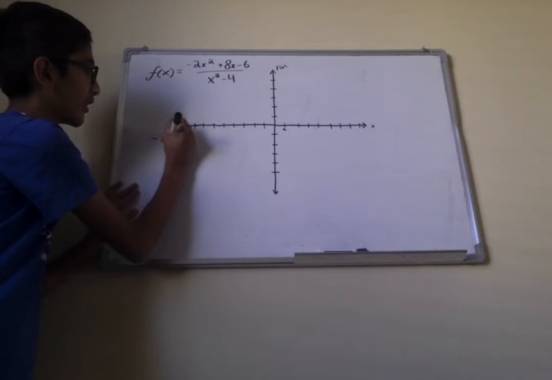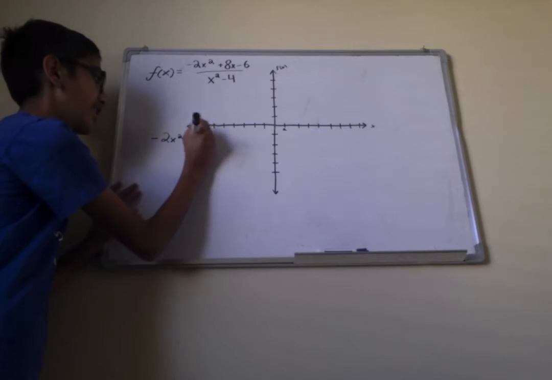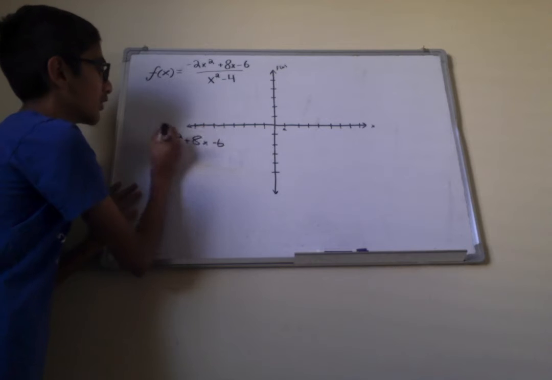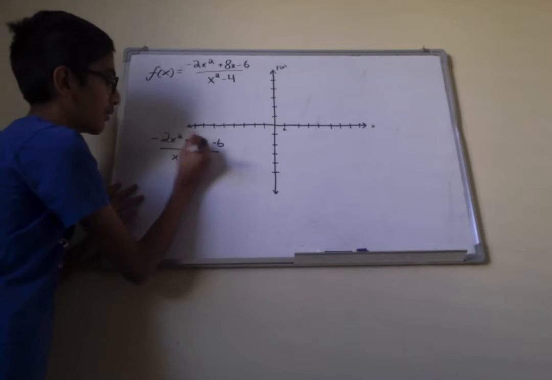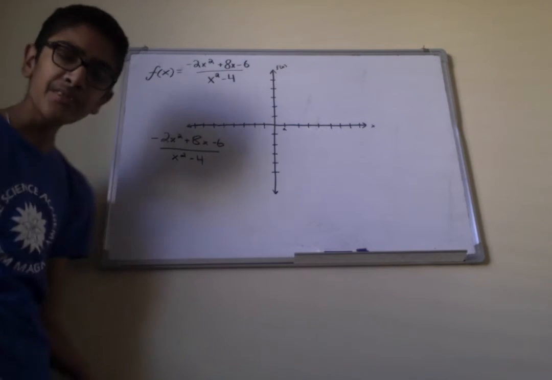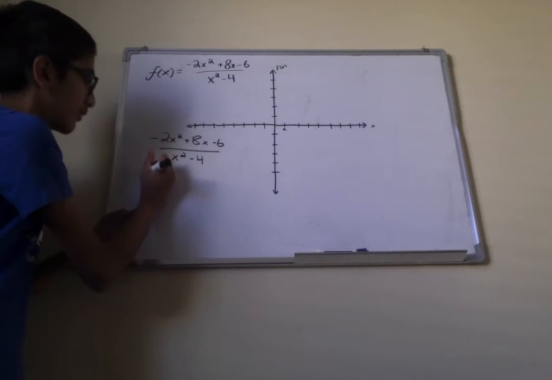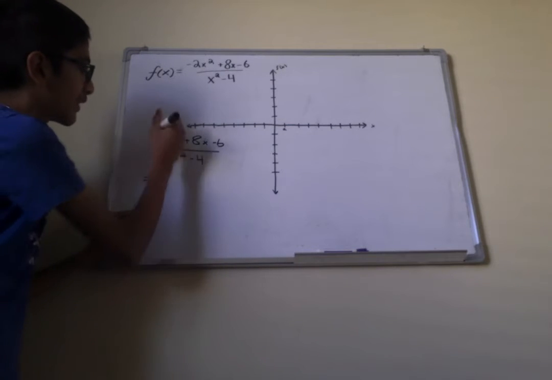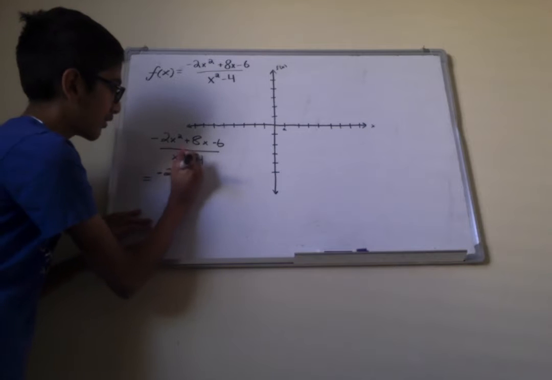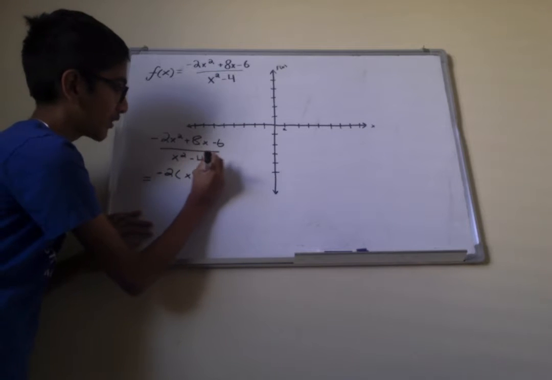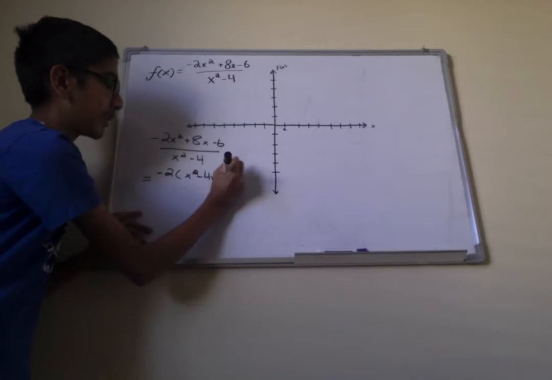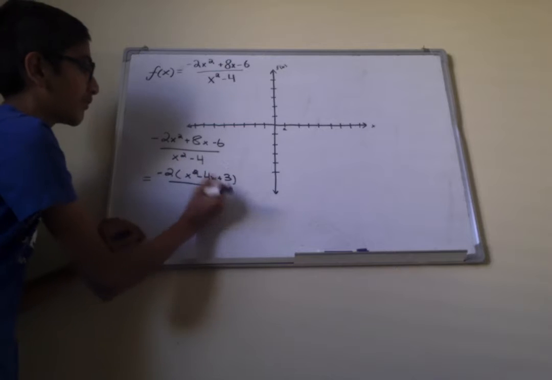Minus 2x squared plus 8x minus 6 over x squared minus 4. Let's factor both the top and the bottom. You'll see why later. So, let's distribute the top, minus 2 times x squared minus 4x plus 3. I factored out the minus 2. Then the bottom, we're going to leave the same.